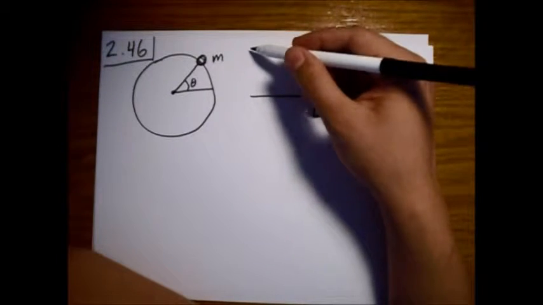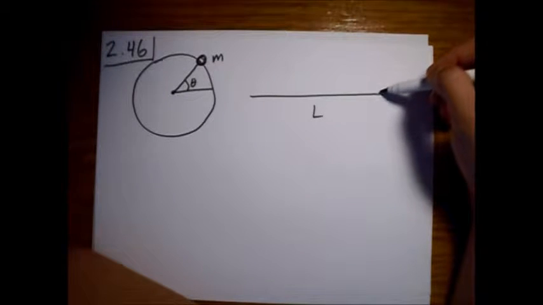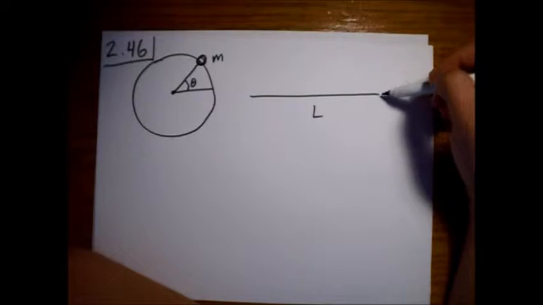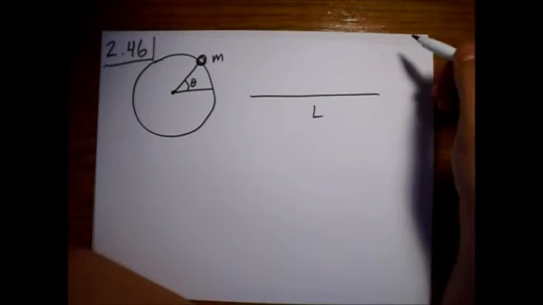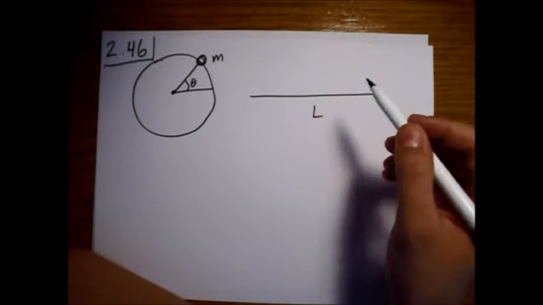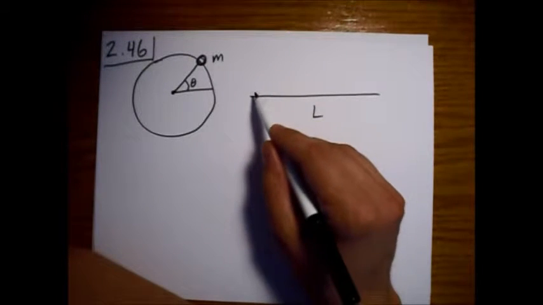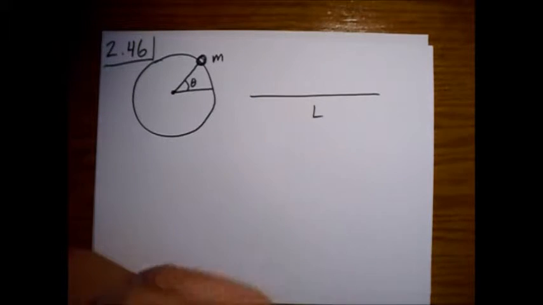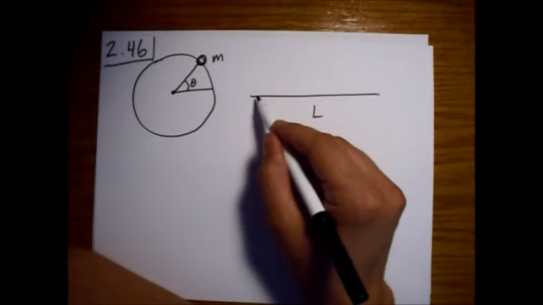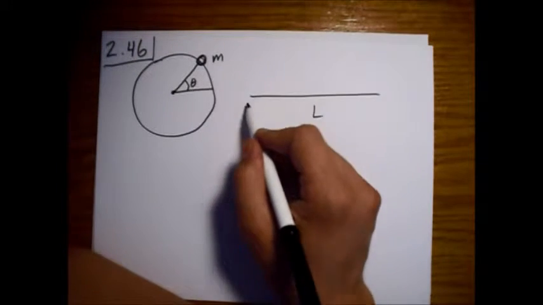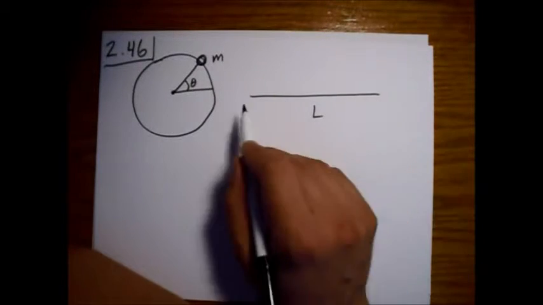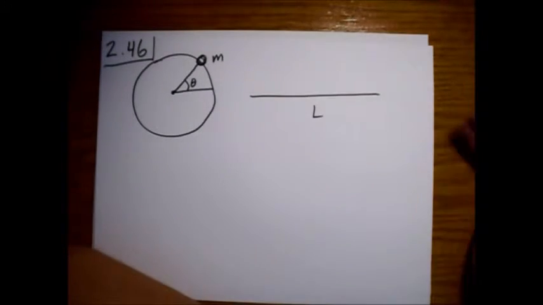So one note about this, and we'll see this in the solution, is this is basically like an infinite square well, except it doesn't have to go to 0 at the ends. It just has to match up with itself at the ends. So just as an example, if we put this end at the origin of our position, for the infinite square well we just get sines.